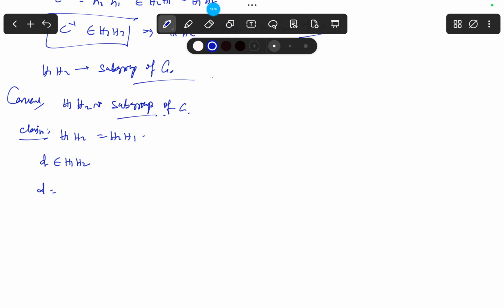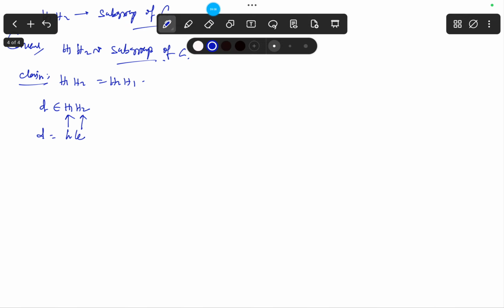So then we can write D as some, let's say h times k, where h is in H1 and k is in H2. Okay, now since it is a subgroup, then we have D inverse is basically k inverse times h inverse, right?